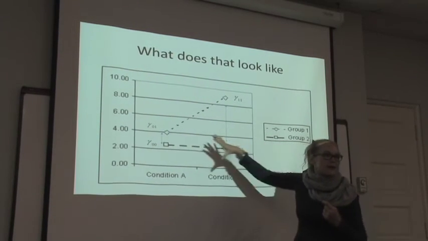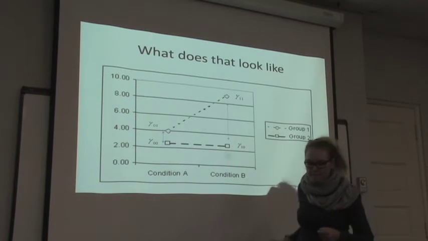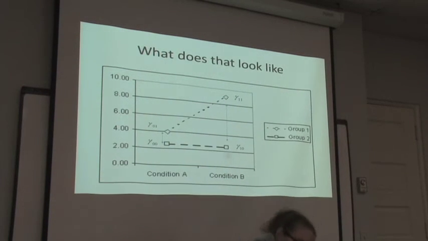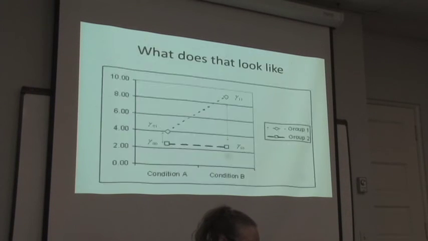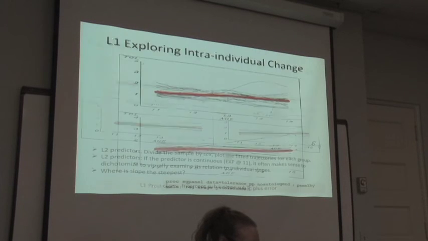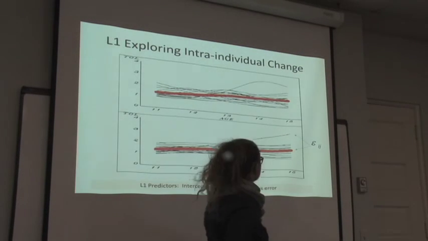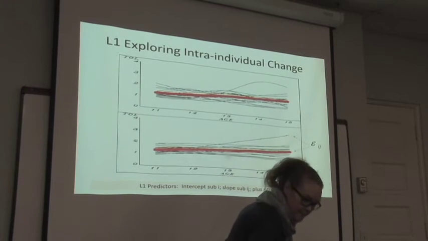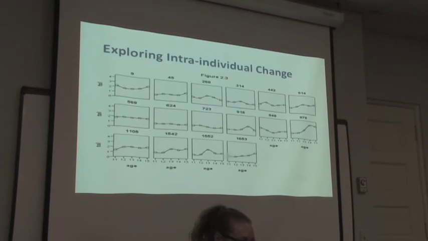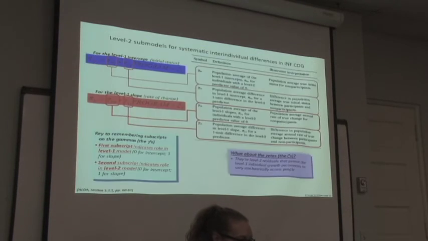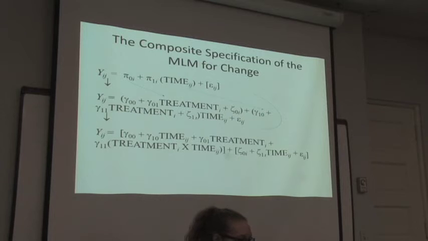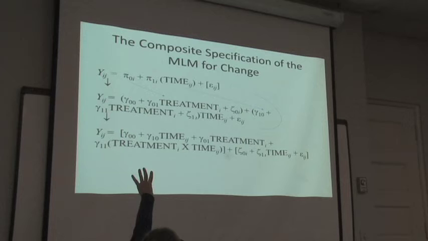This is just putting it into a form that we're used to looking at, plus the error. So this is the composite model, making all of the translations into the full composite multi-level model.